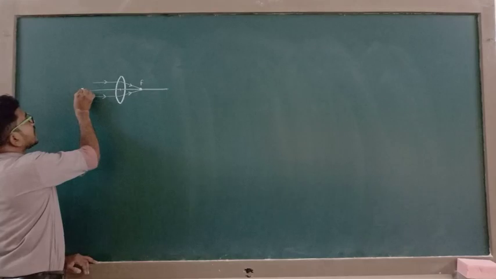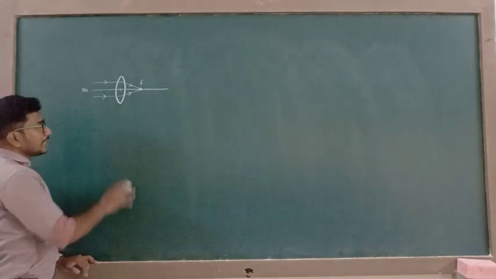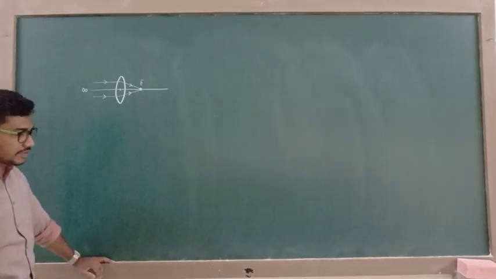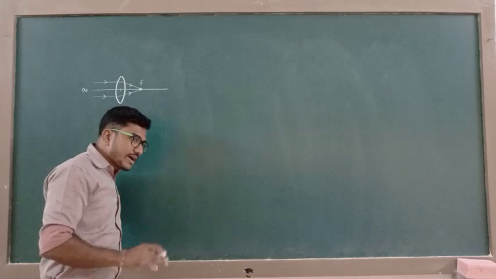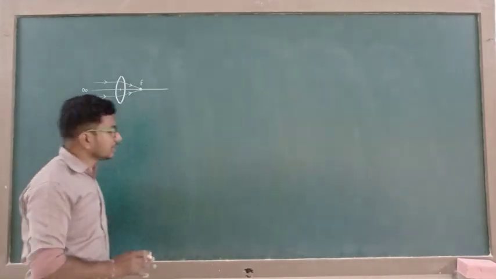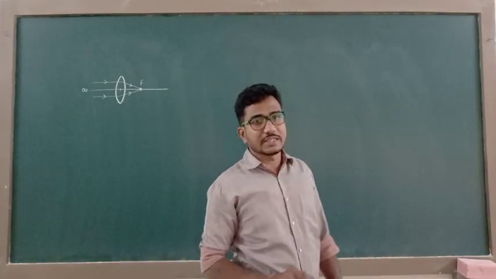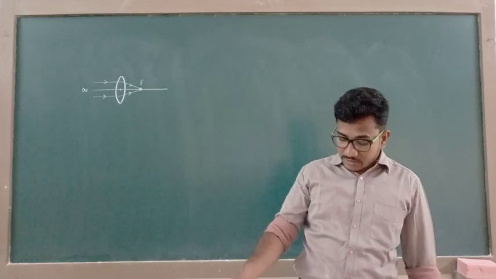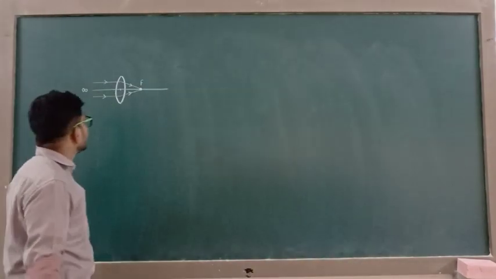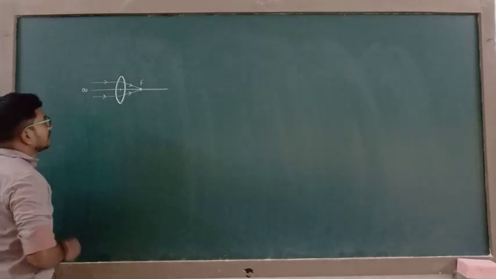Now the object lies at infinite distance. Then what is the value of linear magnification in this case? In competitive examinations, they may ask a question like this: when the object lies at infinity in case of biconvex lens, what is the value of linear magnification? Then by using the formula of linear magnification, we can write the linear magnification when the object lies at infinite distance.